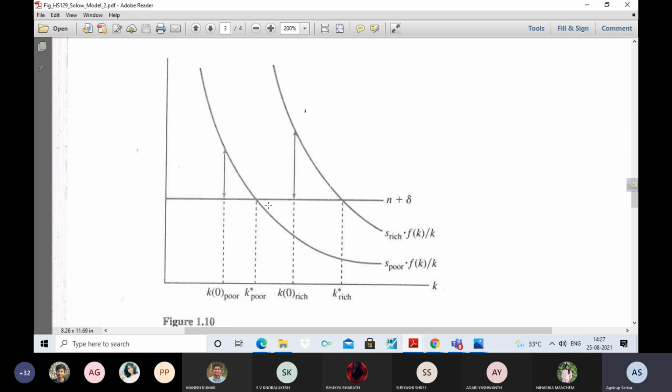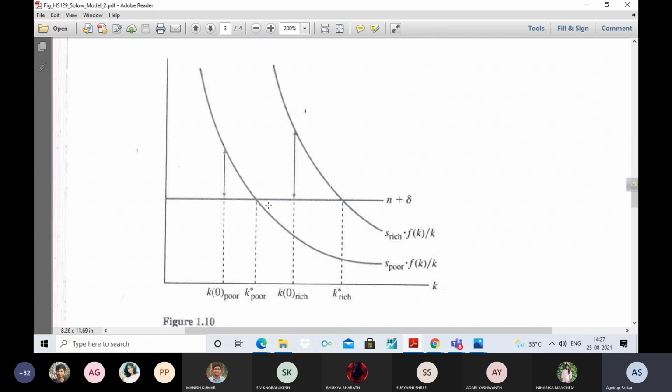So the question is, does this model predict that the poor economy will grow faster than the rich economy? That is the question. Does the Solow model predict that the poor economy will essentially grow at a faster rate compared to a richer economy?